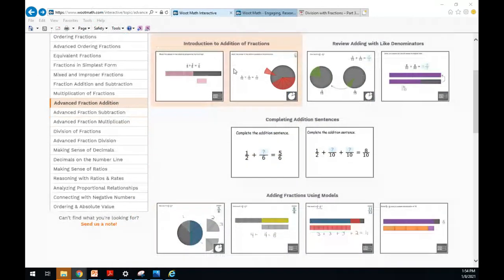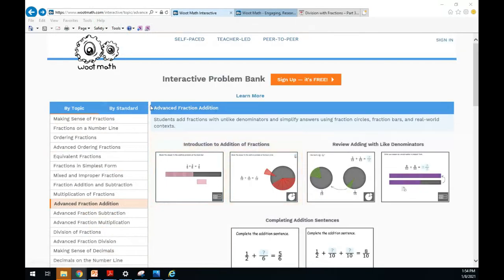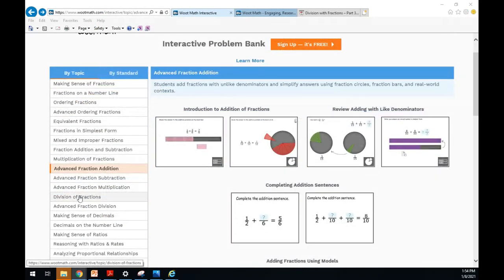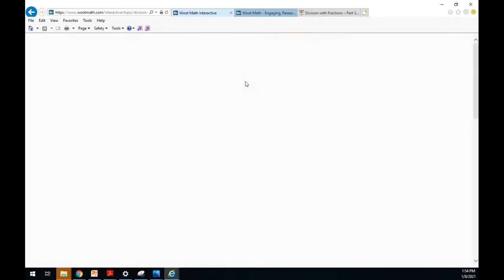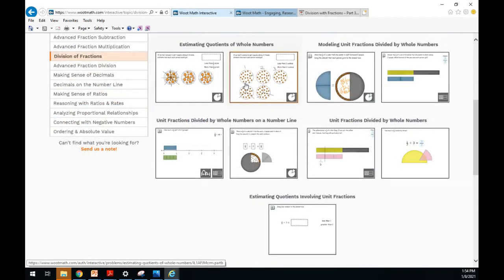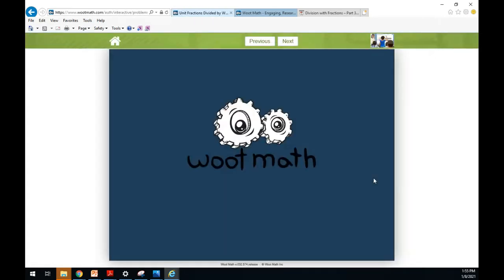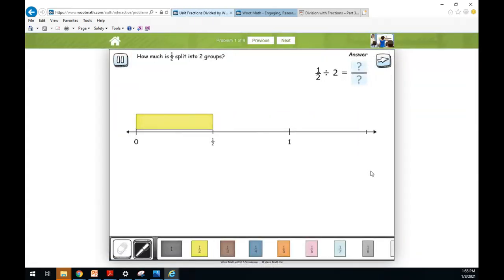All right, let me pull up division of fractions. I'm going to go right over here, and we're going to use bar graphs. In this mini lesson, we're going to do a total divided by my group, and I have to find my each.